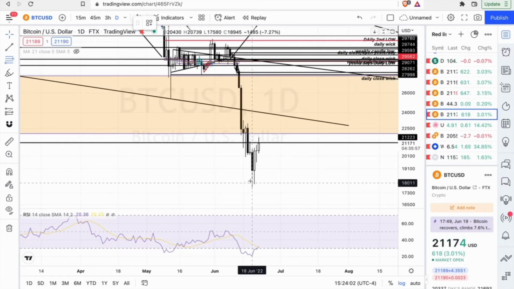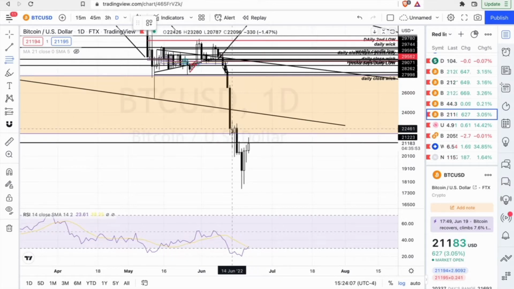We've hit a bottom, we've hit a low, and now on the daily we can see the next high would be around this area. And as well on the daily we see how we've come back up to this midpoint of this bearish candle, or the 50% level. So the 50% levels are very strong in these markets.